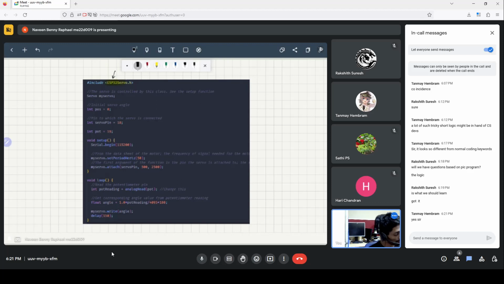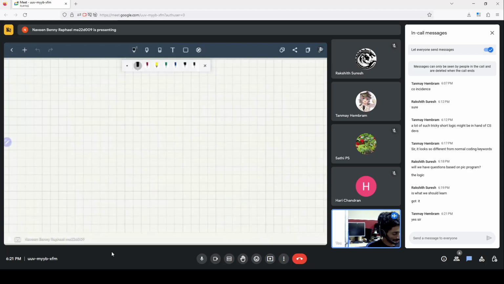So the setup looked something like this. We had the microcontroller. We have lots of pins here. I'm not going to draw all the pins, I'll just say the important ones. There's the 3.3 volt pin of the ESP32. There is, let's say, the pin number 18 and pin number 19 here.